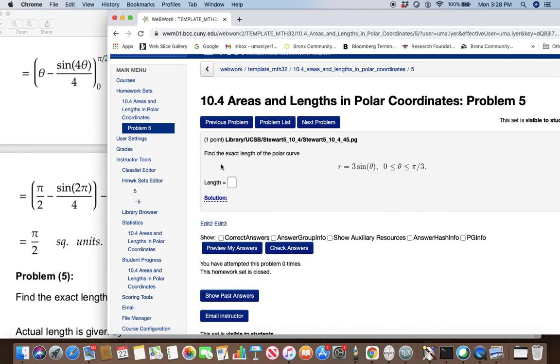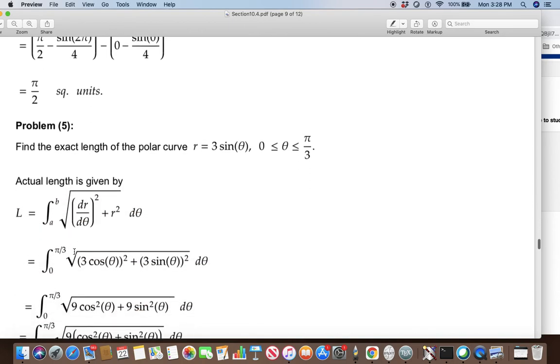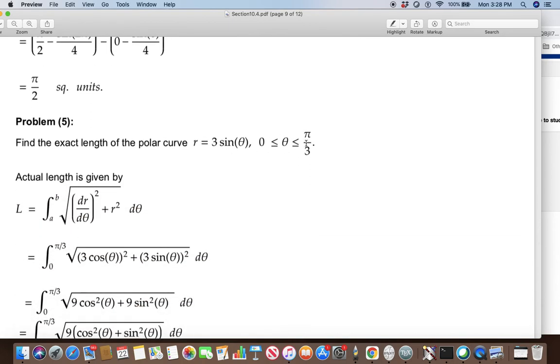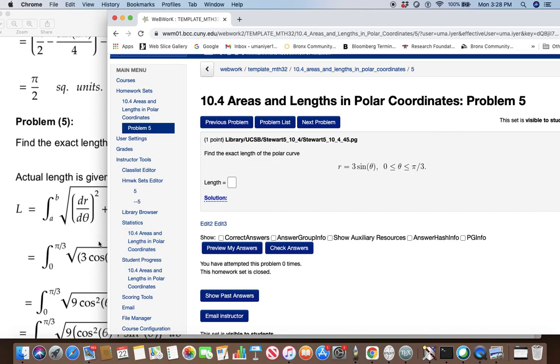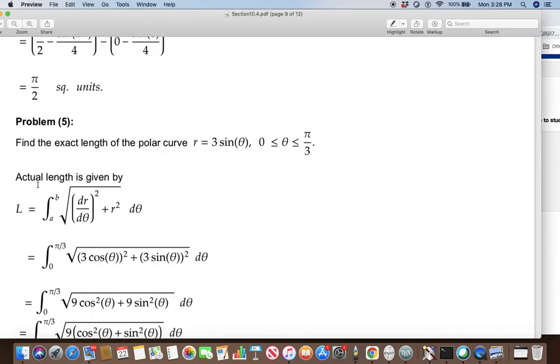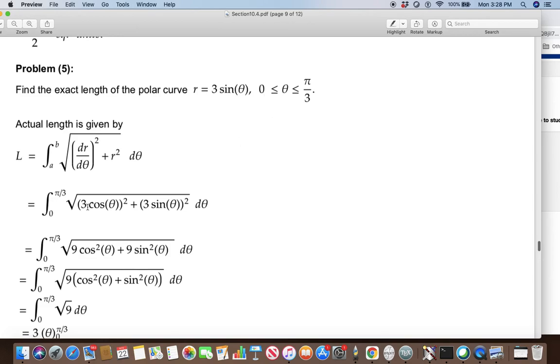Next problem. Find the exact length, 0 to pi over 3. Exact length. All right. Well, we have seen already arc length is given by, when we are given the equation in polar coordinates, the square root of dr d theta squared plus r squared d theta. So this is the formula. Angle goes from 0 to pi over 3 for our case, and dr d theta, the derivative of this is 3 cosine, right? 3 cosine squared plus r squared.